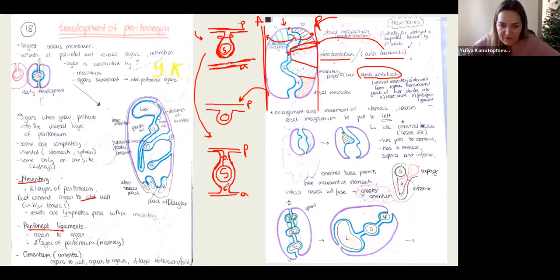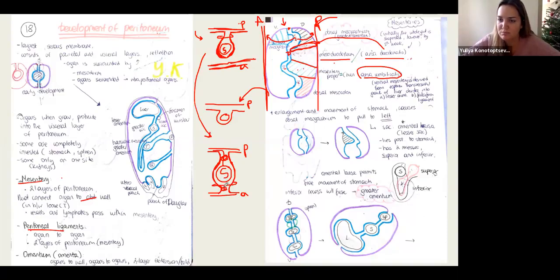So if liver is here, right? So liver is here developing, spleen is here developing. Do you see that there's still a part of the two layers of visceral mesoderm that connects stomach to the liver? So this is peritoneal ligament. And to be more specific, this is the hepatogastric, right?